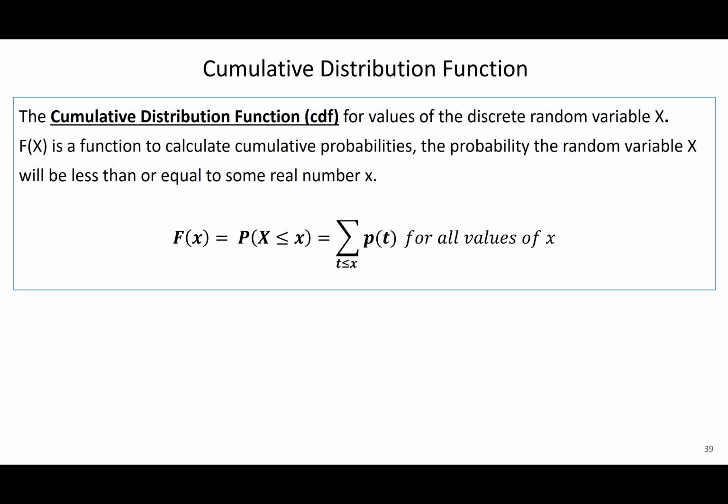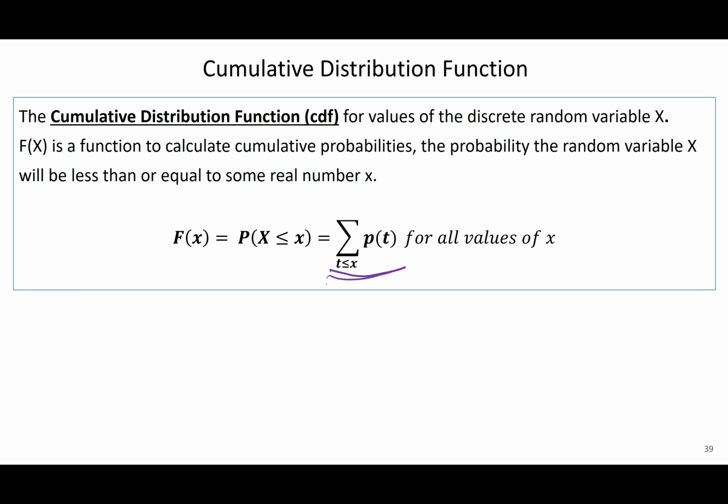So we were just using what we call a PMF, or the probability mass function. The CDF is a function where, in the discrete case, you sum all of the probabilities up to whatever value you're looking at.